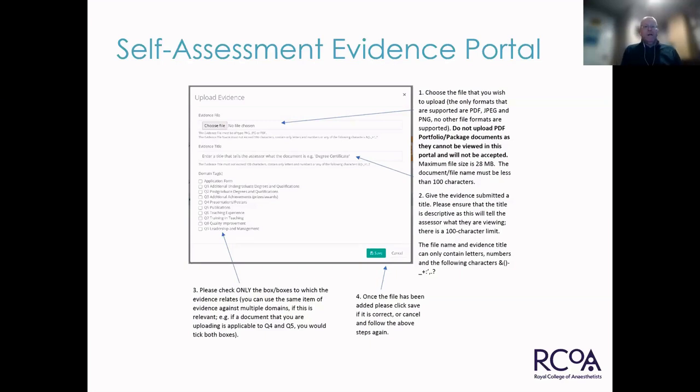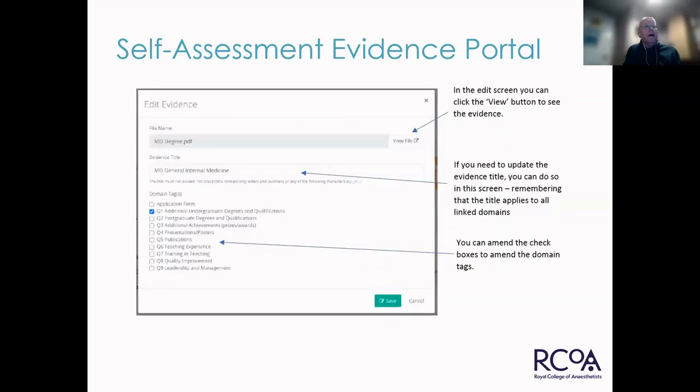So, for example, the main piece of evidence is on page 10 of this document. If you can provide anything which helps the assessor review the evidence as easily as possible, then that will be really, really helpful. And you can actually edit your evidence once you've submitted it, and you can change things like the domain tags. So these slides, as I say, are all taken from the document which is on the ANRO website. So please have a look at that.